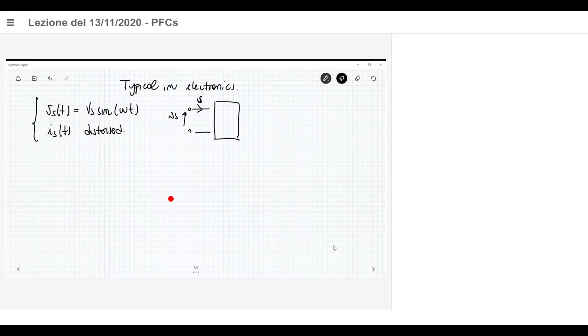So if the current is distorted and has a lot of harmonics, like the current I showed at the beginning of this class, I can describe it in terms of a Fourier series. We can have an average value plus a summation of infinite terms.